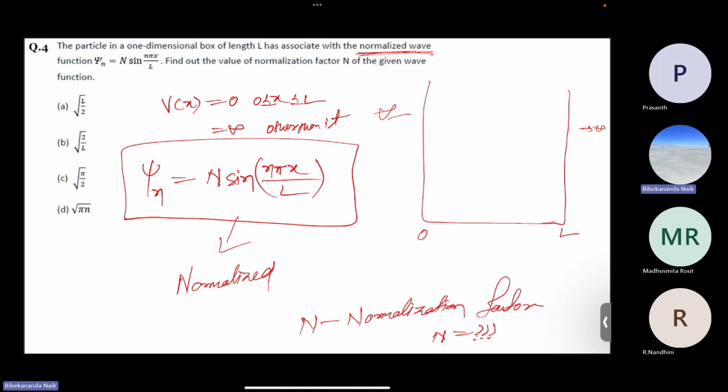Do you know about it or not? Hello? And the remaining two, Madhusmita, are you familiar with these concepts, like what is the wave function and what is a one-dimensional potential box? Are you familiar with it?